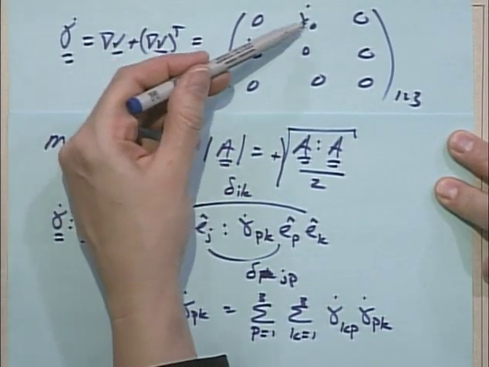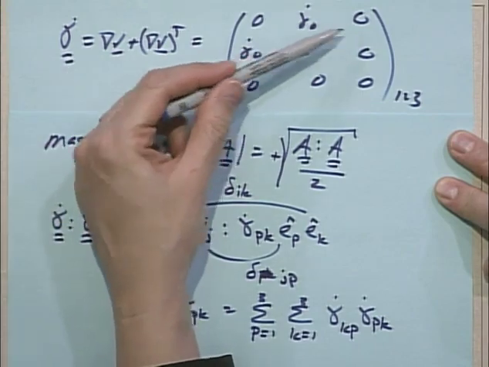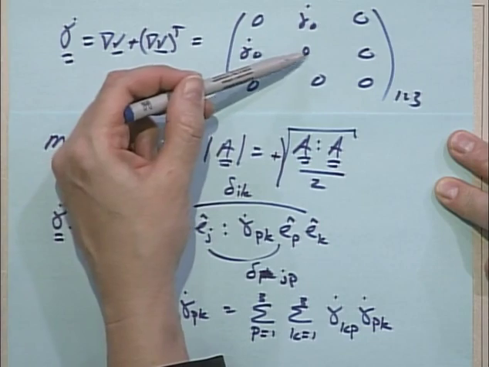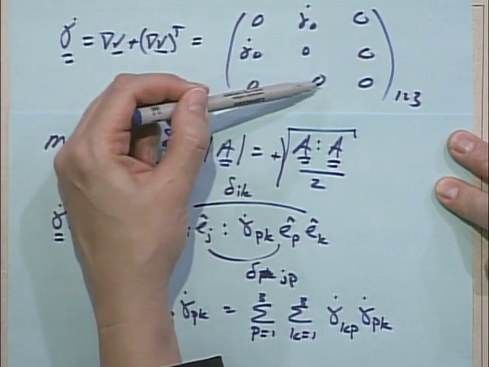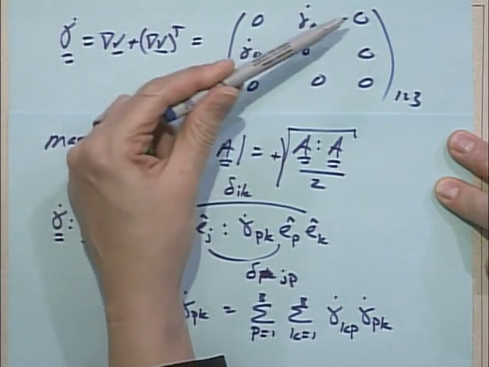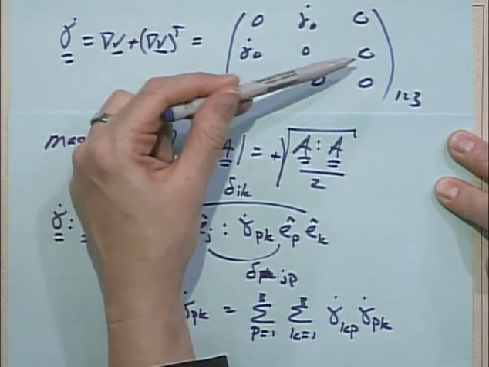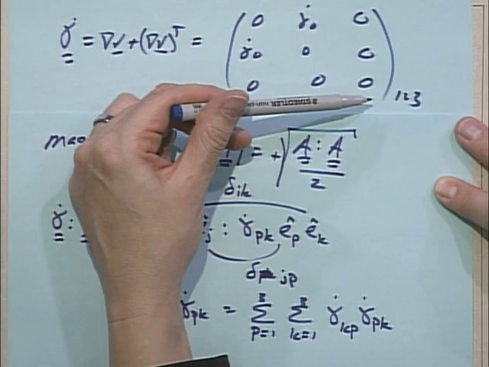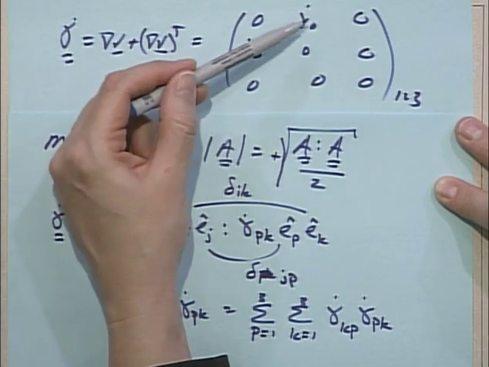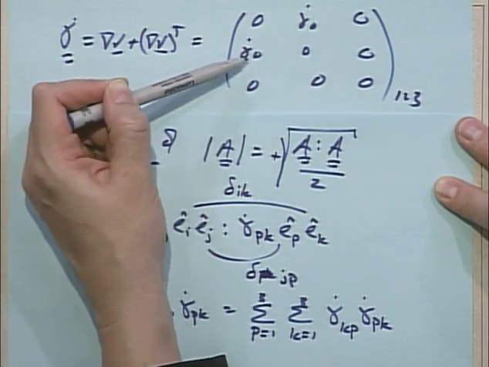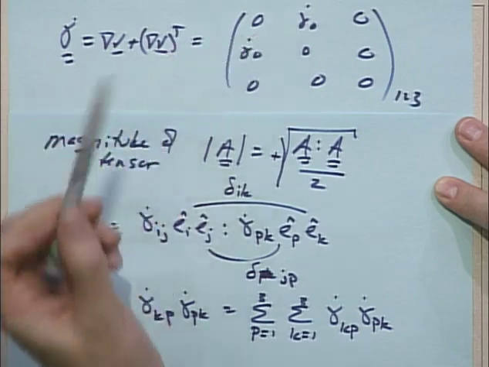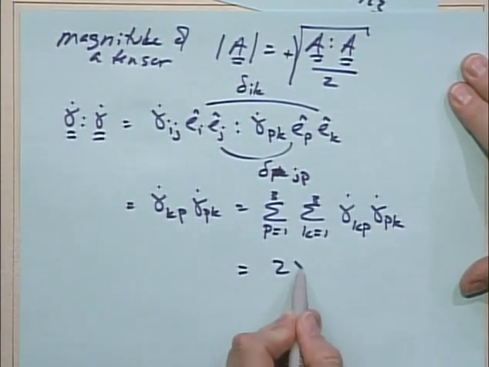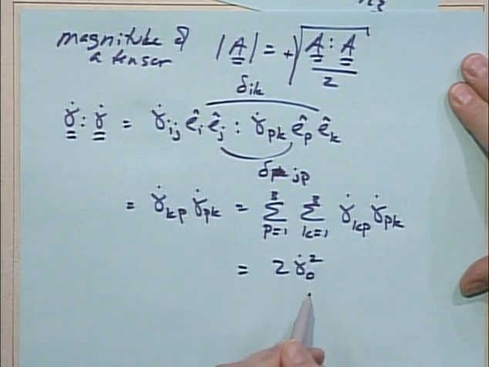So there were only 2 terms that were non-zero, right? There was 1, 2 times 2, 1, and 2, 1 times 1, 2. Okay? So that means this double sum is equal to 2 gamma dot naught squared.